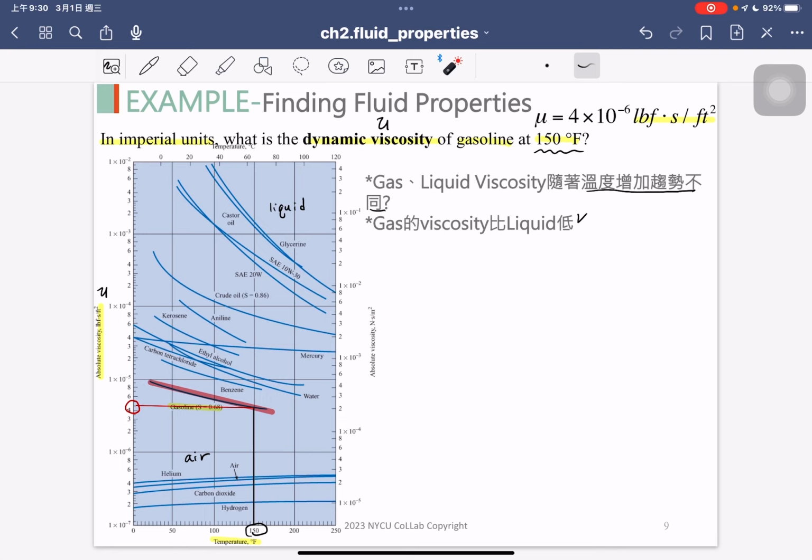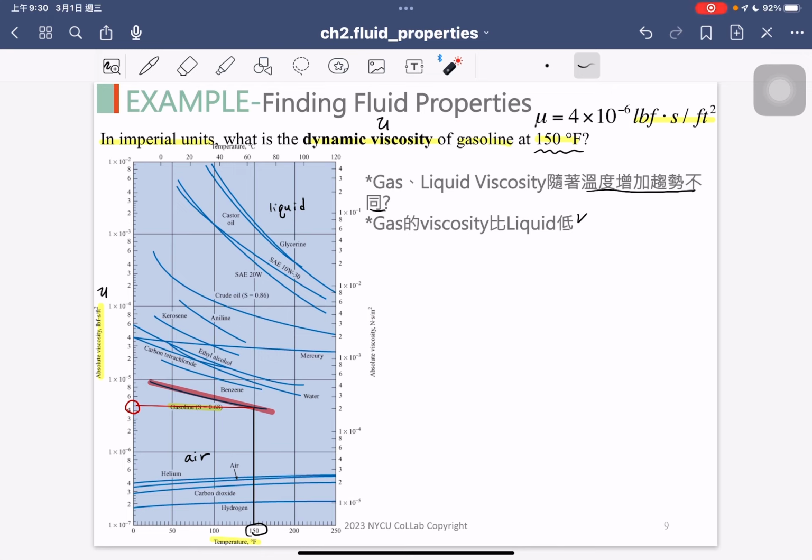That indicates for liquid material, the viscosity will decrease when the temperature increase, right? Because the curve is show a decreasing trend.